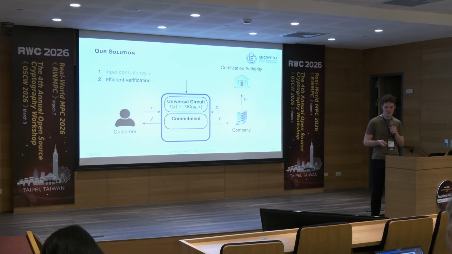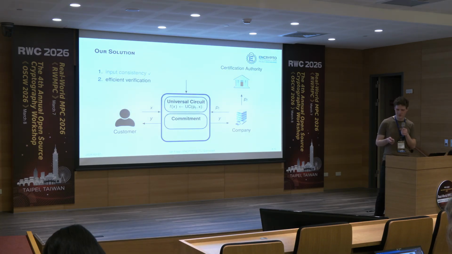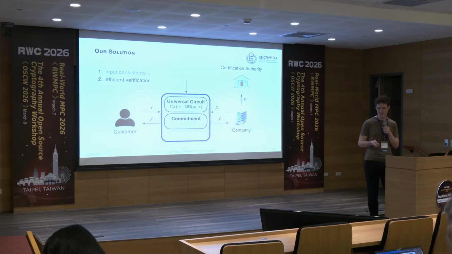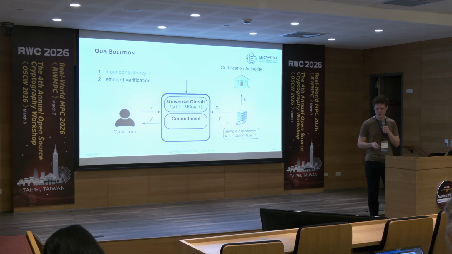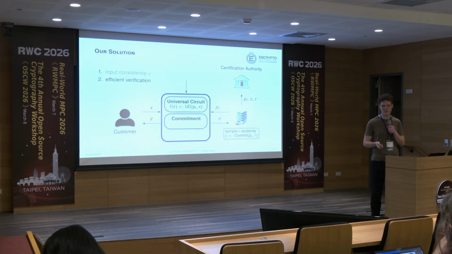Our idea was to replace it by a commitment scheme that can be instantiated with only symmetric crypto. And to do so, we require the company to commit to its programming bits first by sampling a random value R, and then run a commitment, and then send the commitment and the randomness to the certification authority.